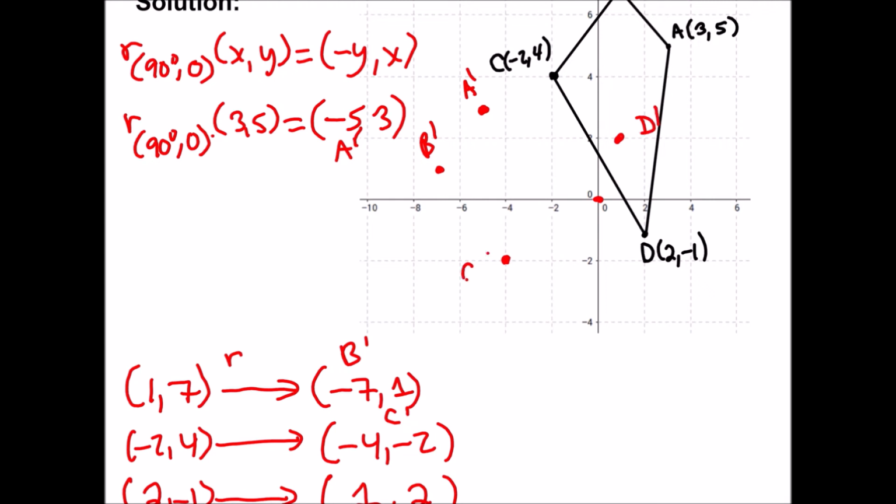So I want to make sure that I'm able to connect these. I'm going to connect these the best I can. You would connect these with a straight edge, but we'll do the best I can. Okay, so there's CD, BA, BC, and then A prime, D prime.